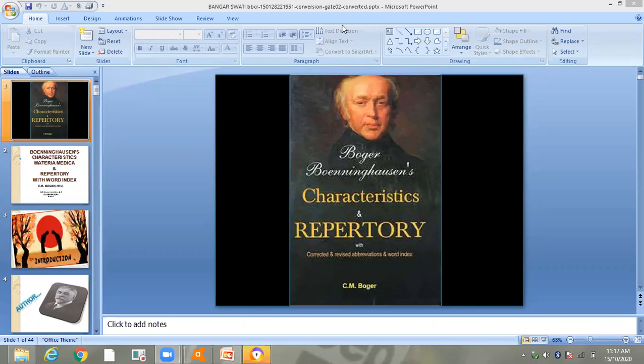So in the mind section, the concomitant symptoms are not arranged properly, and so they are not useful for practitioners for repertorization, especially from section mind. They are not practically useful because of their improper arrangement.